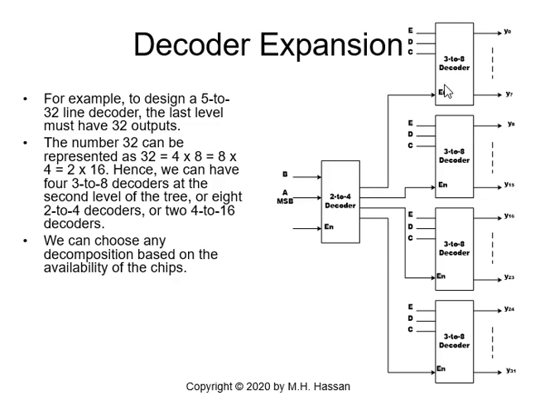We will look at how many output lines we need, and we can design accordingly based on the availability of chips. So this is decoder expansion with tree decoding, and by doing that we can have a larger decoder to implement our functions if a larger chip is not available at the time of implementation.